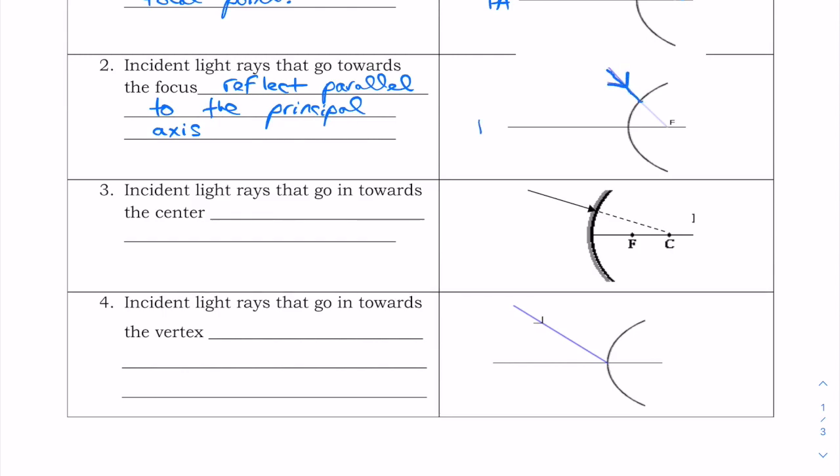This is our principal axis below. When this ray of light hits the mirror, it comes out parallel to the principal axis like so. Okay, notice that this ray of light was heading towards the focal point on the other side of the mirror. It's not actually going to get there though because the mirror reflects the ray of light away.